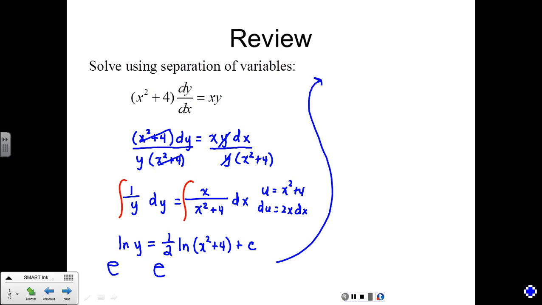So that's going to leave you y equal to, what is that 1/2 actually? It's an exponent. When a number's been pulled in front of an ln, it's an exponent. So what's the 1/2 power the same thing as? Square root. And then the e to the c, what happens there? Constant 1. So constant 1 on the square root of x squared plus 4.